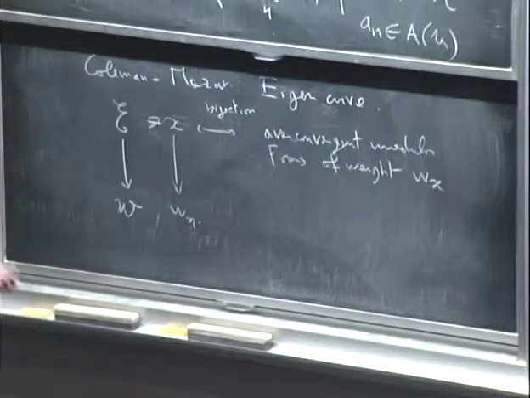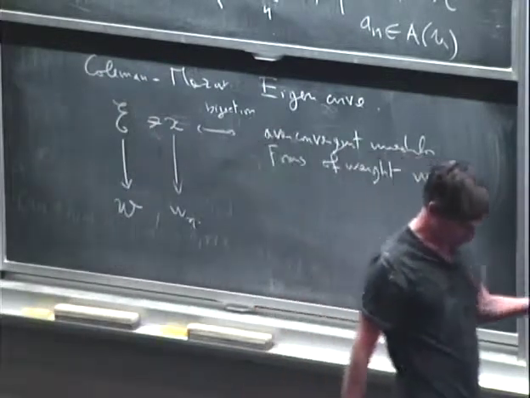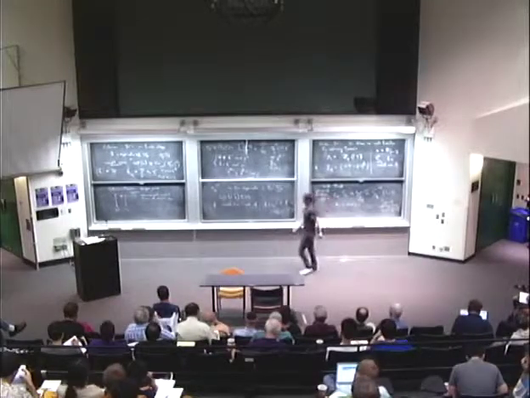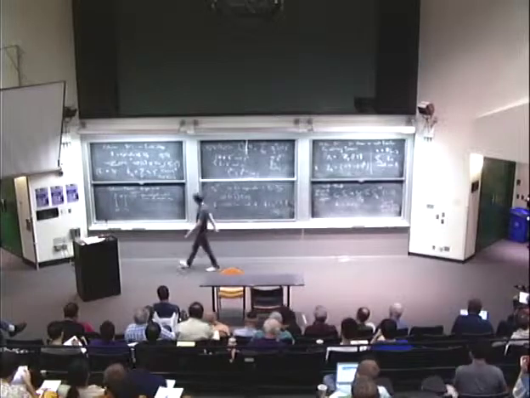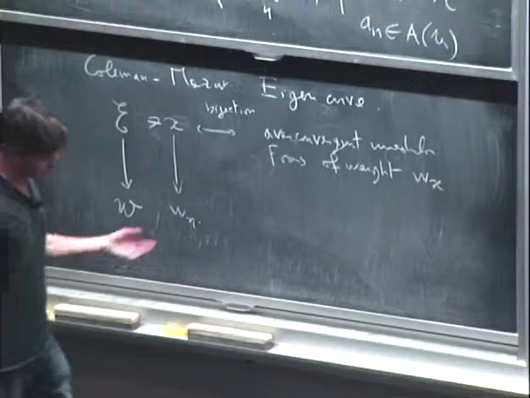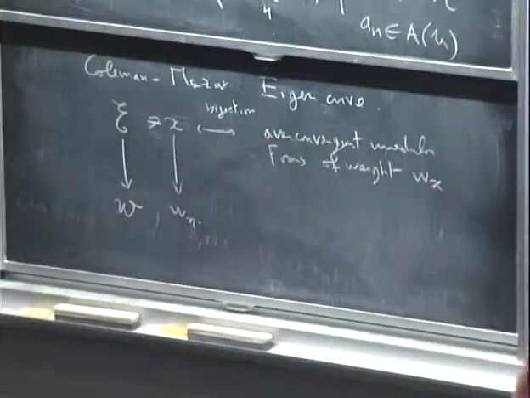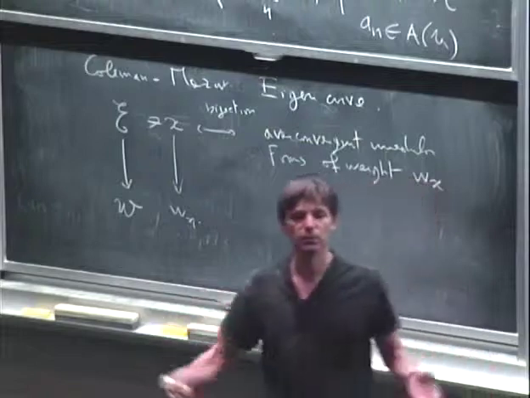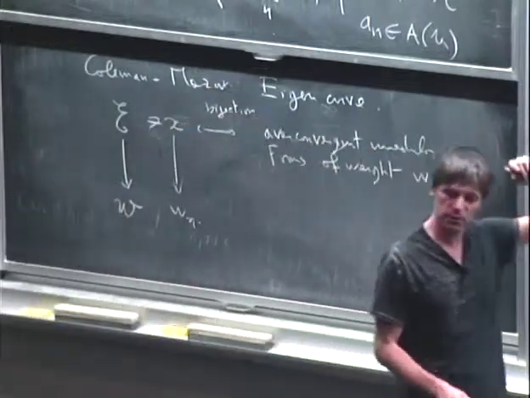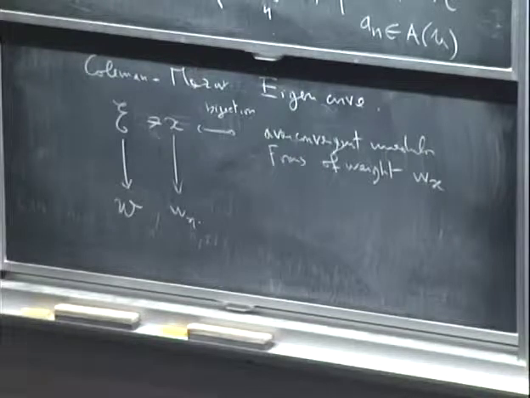And so when the weight is an integer, it's clear what it means to be an overconvergent modular form. And so in general, the way they define it is that they divide the formal q-expansion by the q-expansion of an ordinary Eisenstein series of that weight, which we know exists by the Serre example.